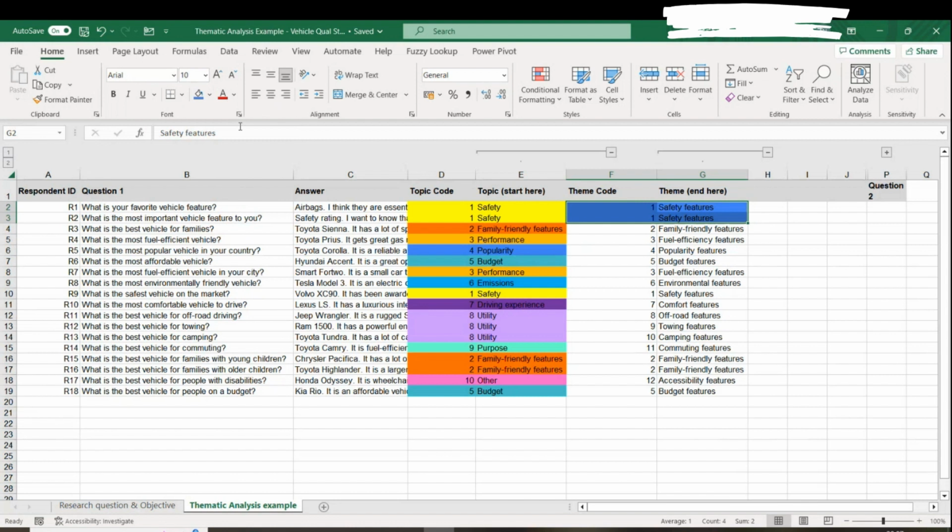You can say all the safety features are blue, and we're giving it blue. And then the next theme is family friendly features. Here you see it was a topic. Sometimes your topics become your themes if they're already rich enough, and you can just have that as your second theme.